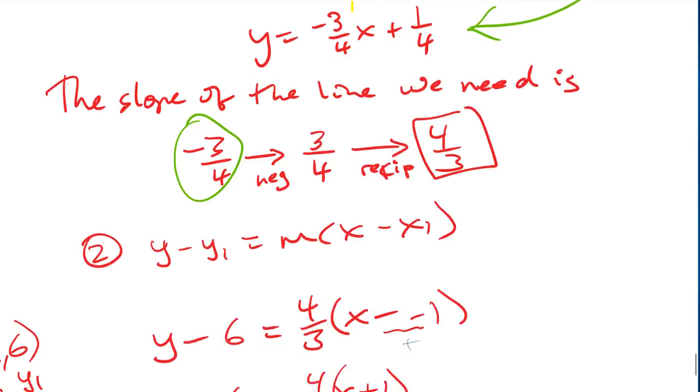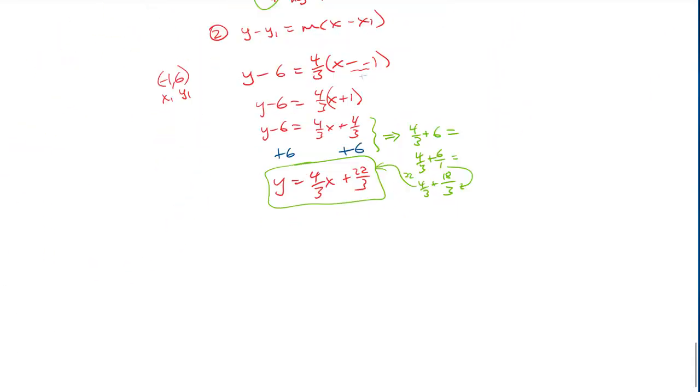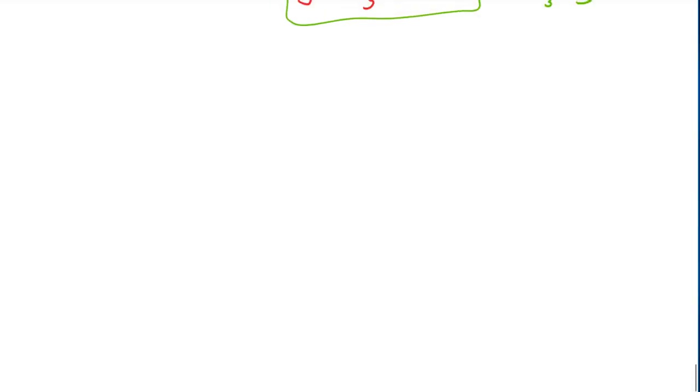All right, so moving right along, let's look at another type of problem. Where are we at? Just go down. All right. So now let's look at another type of example.